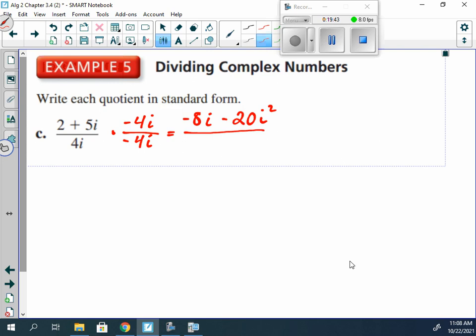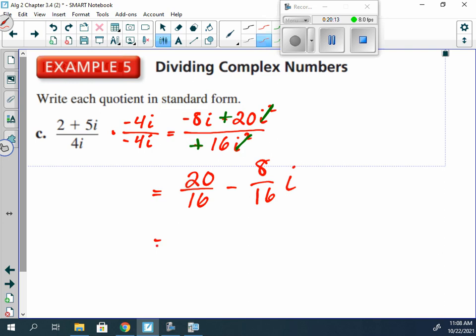And the denominator would be negative 16i squared if we multiplied it out. This I squared would make the 16 positive. This I squared would make the 20 positive. Which at this point, if we broke it up, we would have 20 over 16 minus 8 over 16 I.